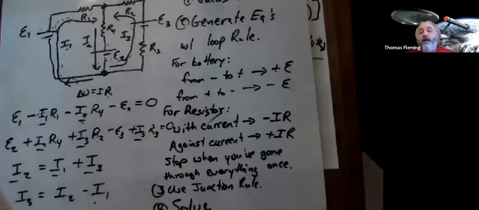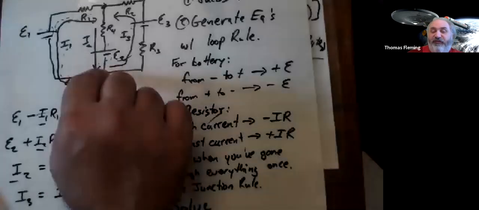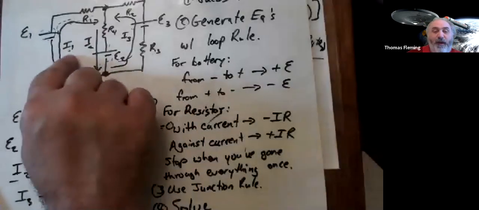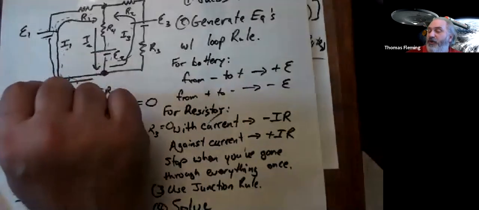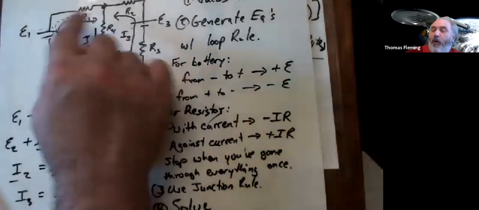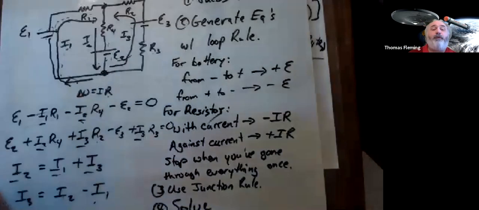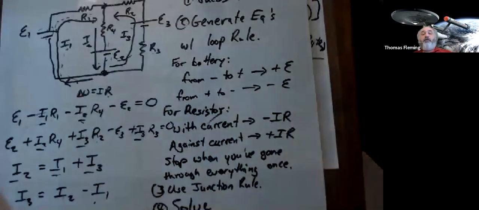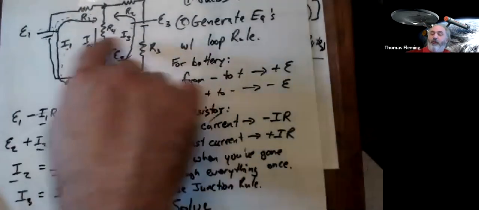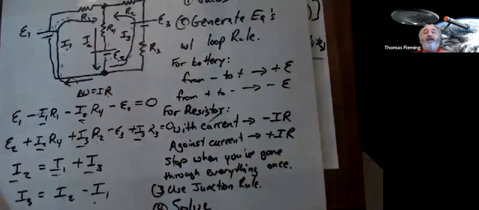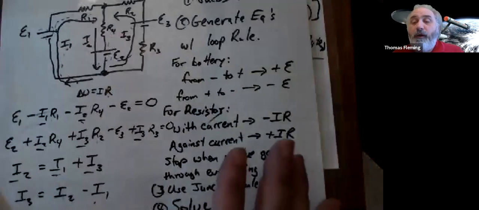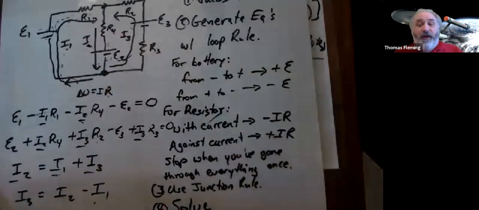However, if you get a negative answer for the current, that tells you that no, I guessed that it was clockwise, but apparently it was counterclockwise. So the sign of your answer just tells you whether or not the guess you had originally was correct or not.